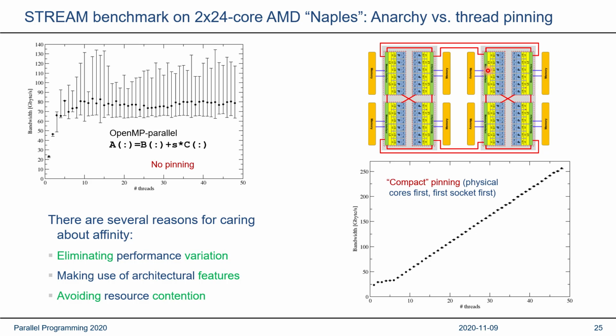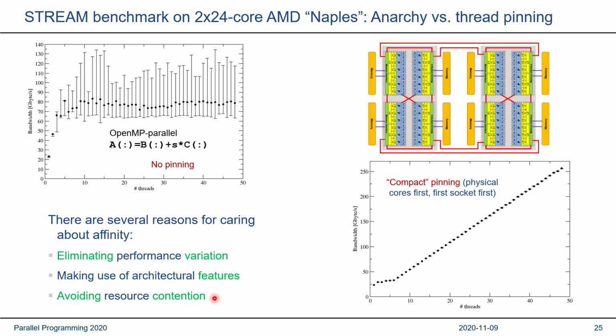So an algorithm which only makes sense or only works in the most efficient way if multiple threads actually can share a cache. Now, if you don't know which thread is running where, there's no way of knowing which threads can share a cache. So affinity and pinning is a prerequisite for that.